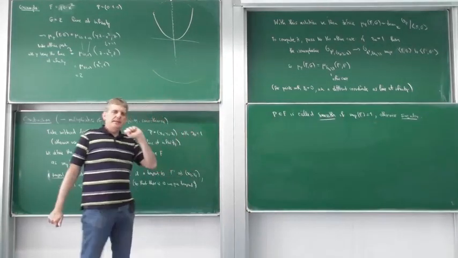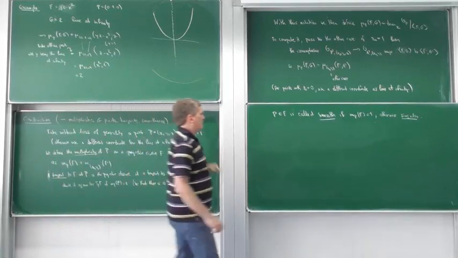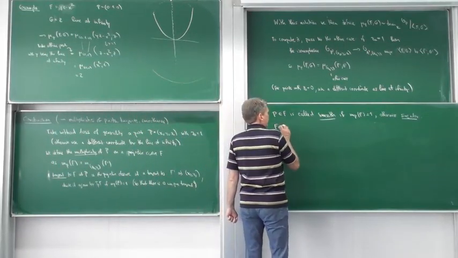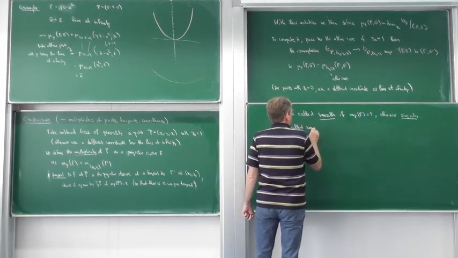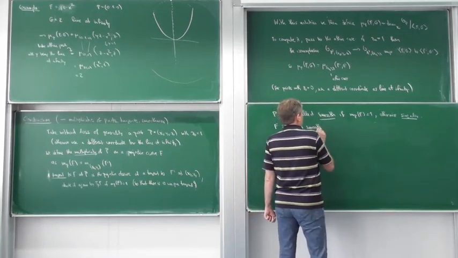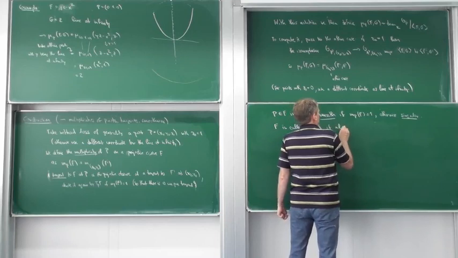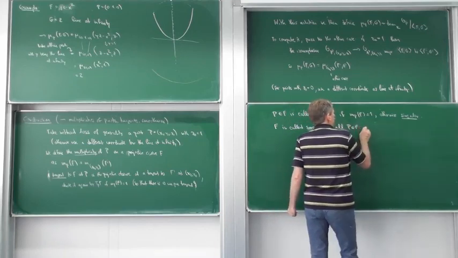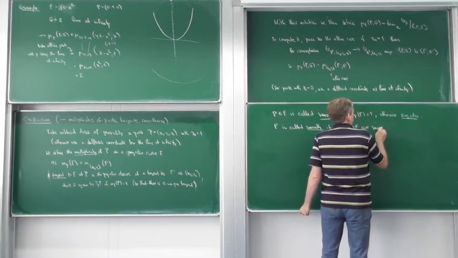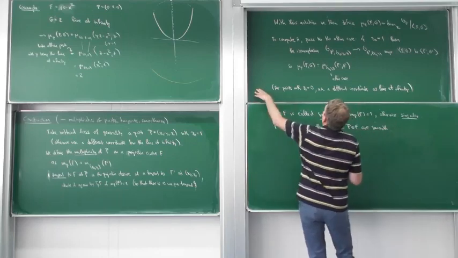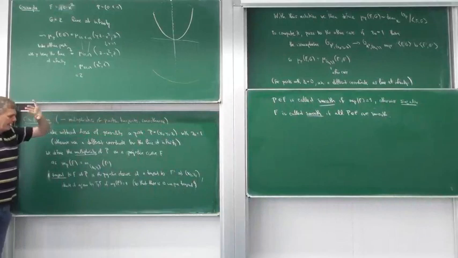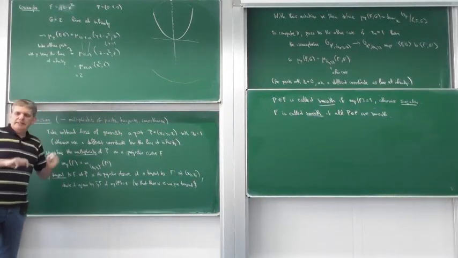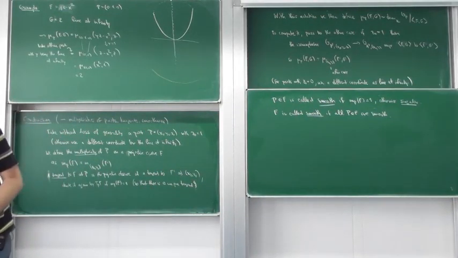So instead of smooth, sometimes you say regular, and the whole curve F is called smooth if every point is smooth, if all P on F are smooth. So that would at least be the definition, modulo maybe that part that you would have to check the coordinate transformation.